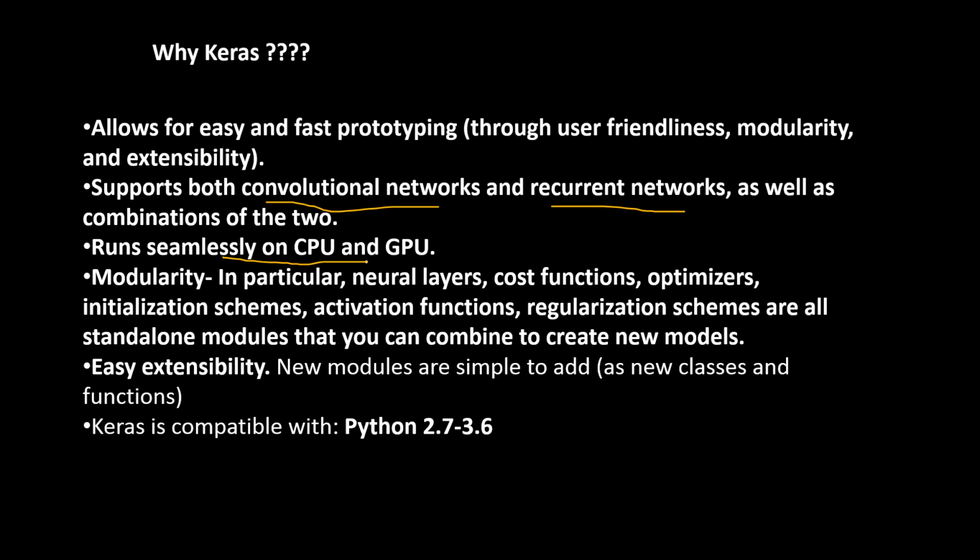And it is really very modular. The different functionalities of a neural network, like neural network layers, cost functions, regularization, and activation functions, all come in standalone modules, and you can just import those modules and use them to create any model from scratch. It is easily extensible, and it is compatible with Python 2.7 to 3.6.